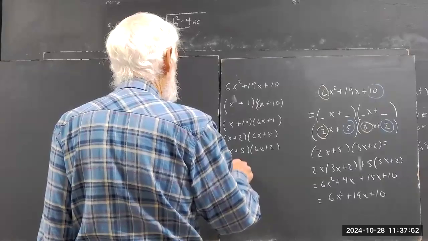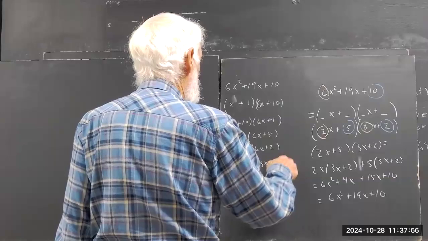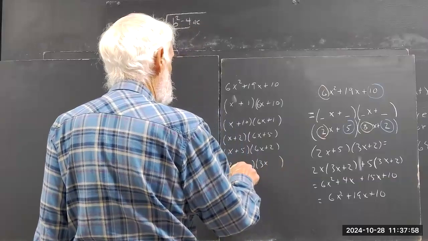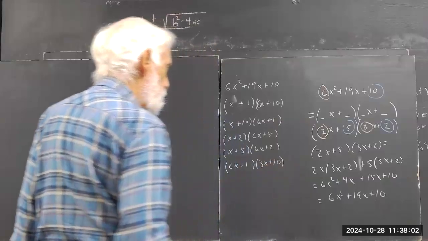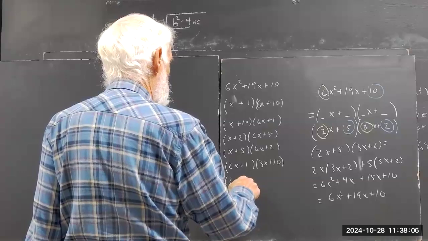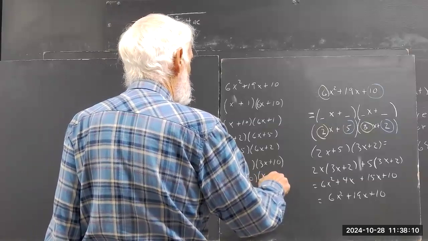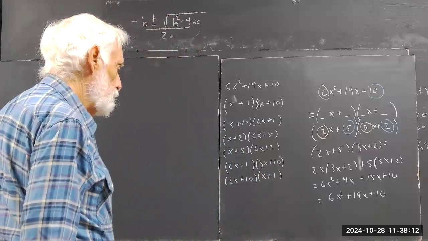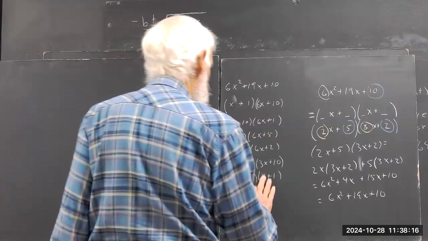Or we could then try 2x here and 3x here. So it could be then plus 1 plus 10, or 2x plus 10 times 3x plus 1.